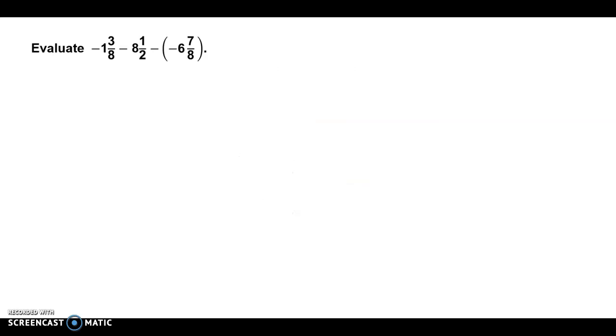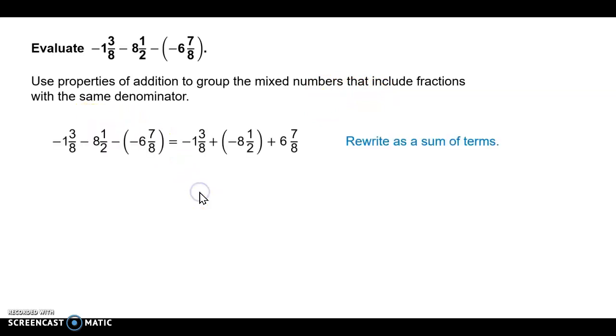Now this one's a little bit harder. It's got 3 fractions and subtraction. So first thing I would do, it says use properties of addition to regroup mixed numbers that include fractions with the same denominator. So what they're doing is they're switching these two around right here.